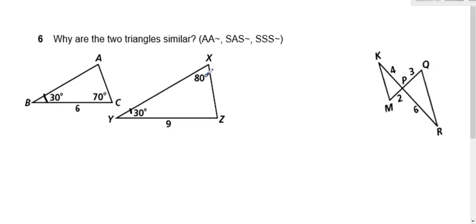So if this is 80 and 30, we can figure out that this other angle would be 110 if you add them together. With some subtraction, 180 minus 110, the third angle is 70, which means those two angles are also congruent, so we have angle-angle. Likewise, you would have found that 30 plus 70 is 100, so this angle would have been 80. You could have done that to get angle-angle.